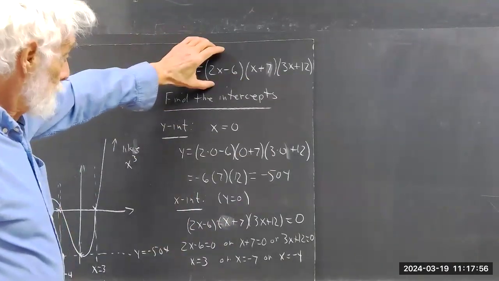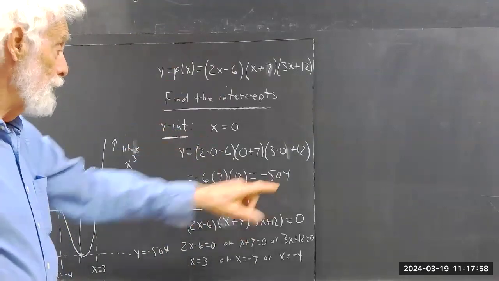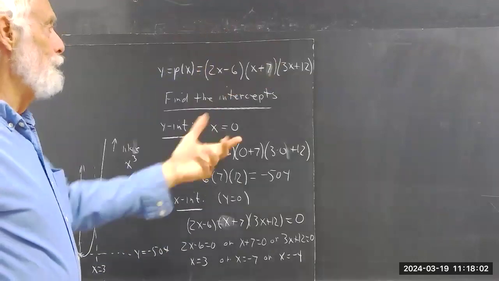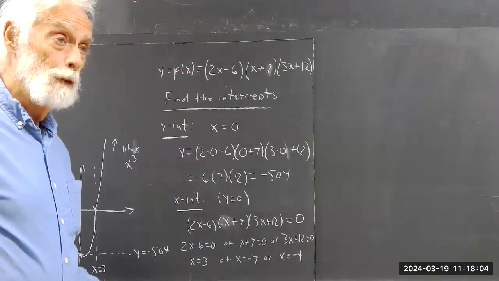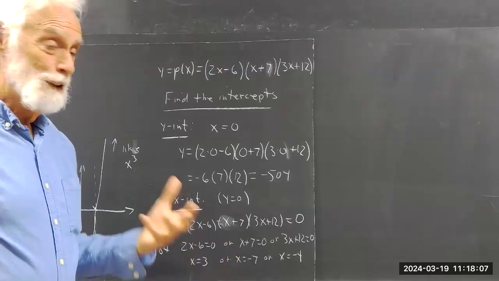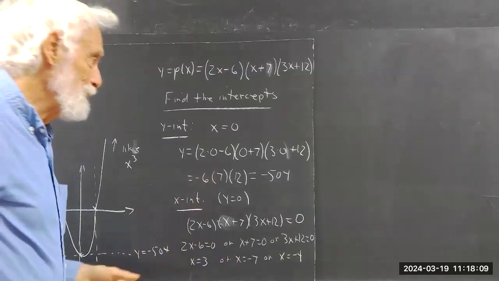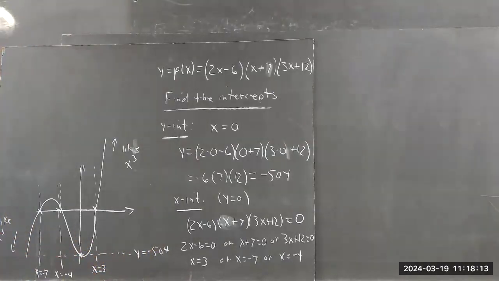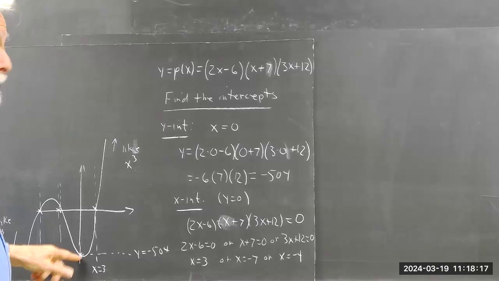So we let X equal 0 here, and we find that Y is negative 504. Now, as soon as you looked at that, you saw, well, that's obviously negative 504. Well, no, it's not obvious. You've got to figure it out, but it's easy to figure out. So we got negative 504 here for the y-intercept.